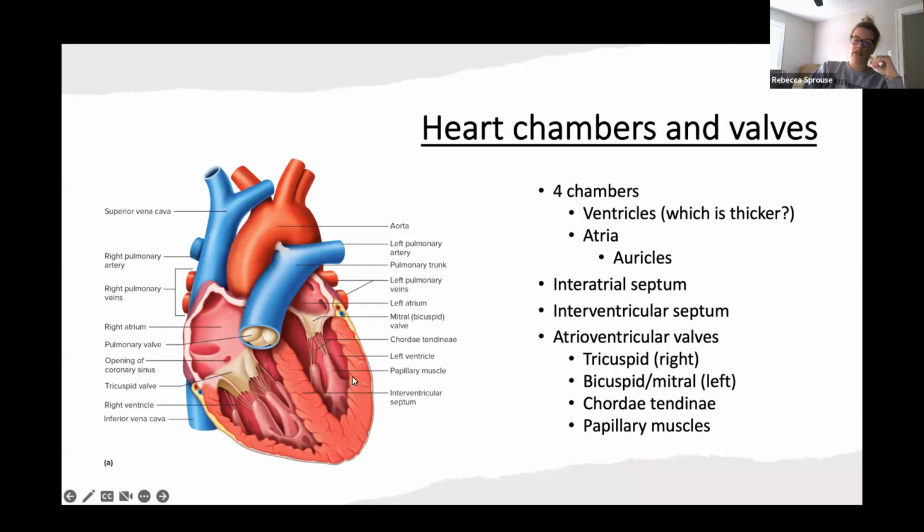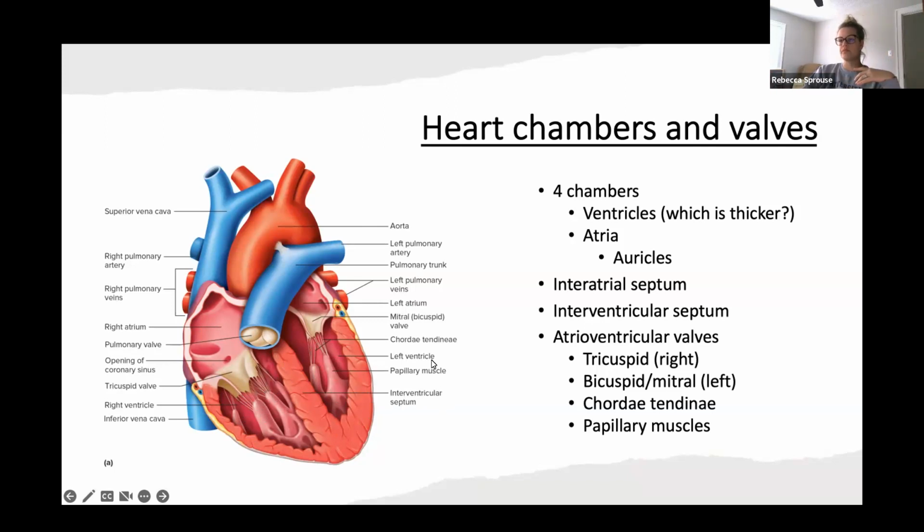And so you can imagine that you need a much thicker muscular wall to be able to pump blood a lot further distance. If you think about anatomy, the lungs are right next door to this heart, right? So this side is pumping to the lungs. It doesn't have that far of a distance to pump. This side is pumping blood out from your head to your toes. And so that muscle needs to be thicker and stronger to be able to pump blood long distance.